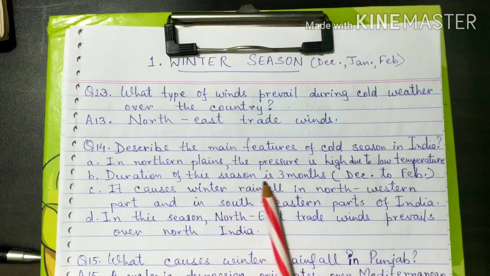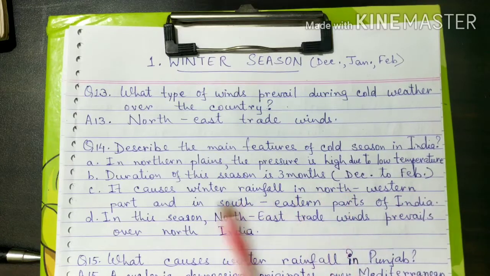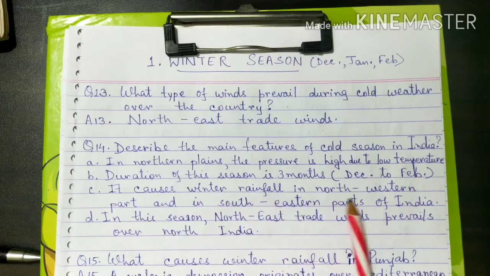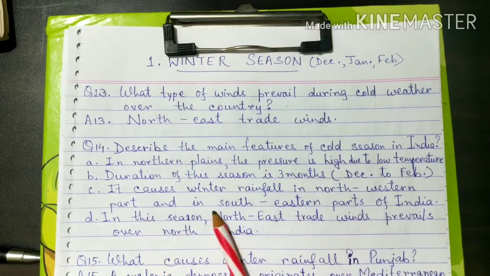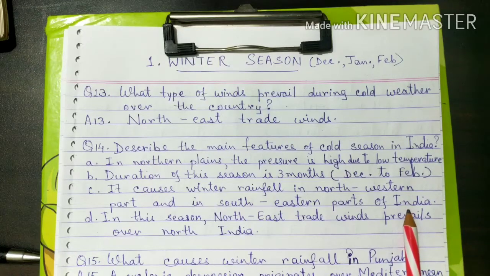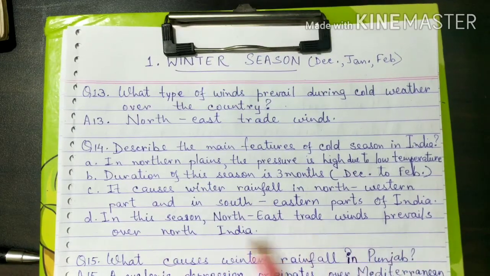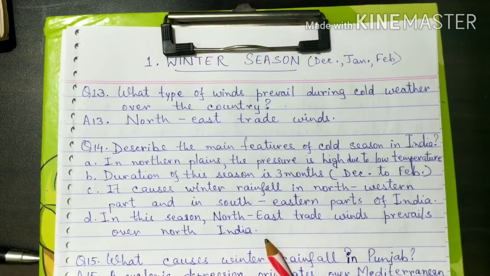The duration of this season is 3 months, from December to February. It causes winter rainfall in the northwestern part and in the southeastern part of India. In the northwestern part the rainfall is scanty, but in Tamil Nadu the rainfall is heavy. In this season, northeast trade winds prevail over North India.